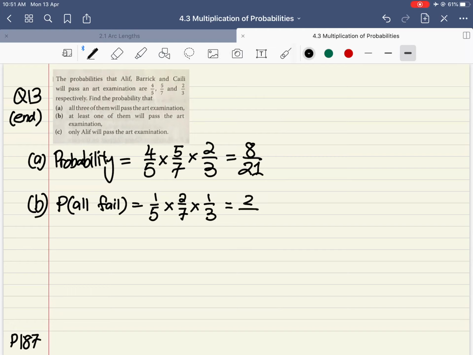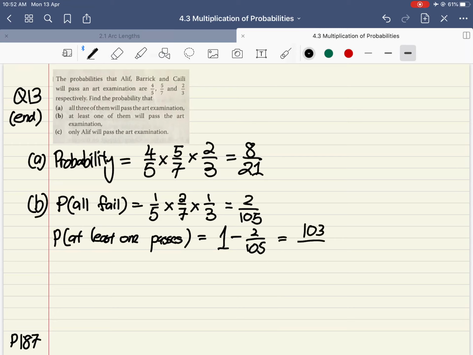So the only probability that I don't want, all 3 to fail, is 2 over 105. Hence, P at least 1 passes is equal to 1 minus 2 over 105. So what I get is 103 upon 105.